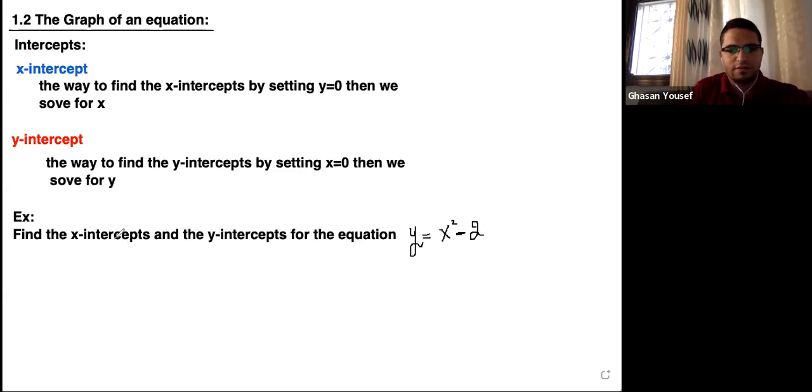The question is to find the x-intercept and the y-intercept for the equation y equals x squared minus 2.